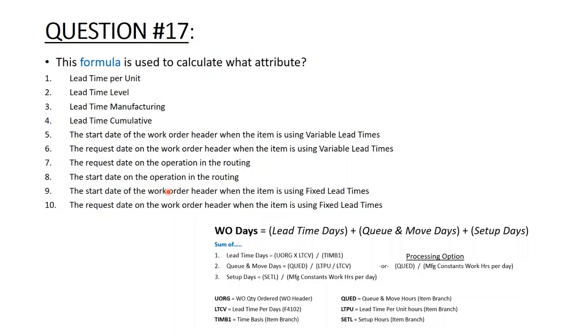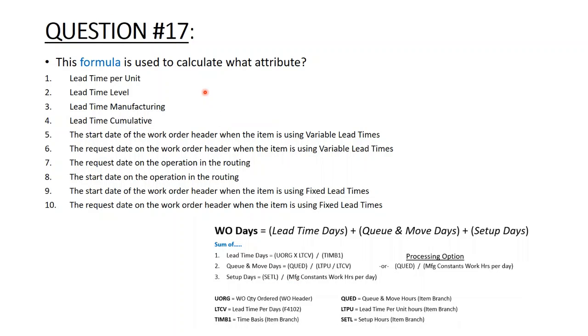This formula is used to calculate which attribute? Work order days equal the lead time days plus queue and move days plus setup days. And here's the formula for each.